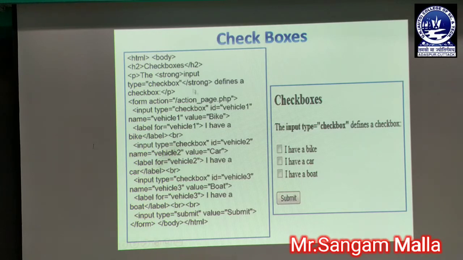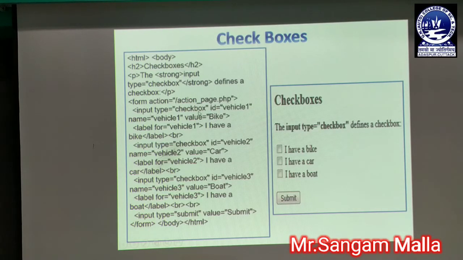You can see that we have given input type equal to checkbox inside the strong tag, which we have already discussed will print the value in bold letters. So input type equal to checkbox has been printed in bold. Similarly, after that we have started the form tag because the checkboxes must be included inside the form tag.